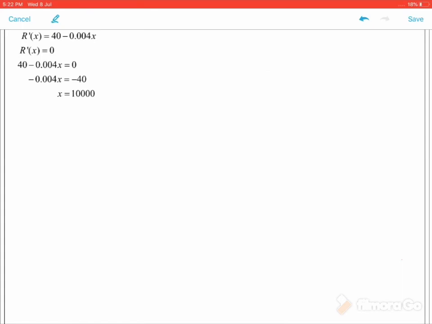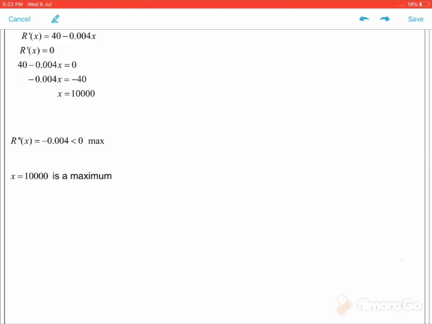After we get x equal to 10,000, we have to differentiate for the second time to get the answer negative 0.004, which is less than 0, so it's a maximum. This means that x equal to 10,000 is a maximum.